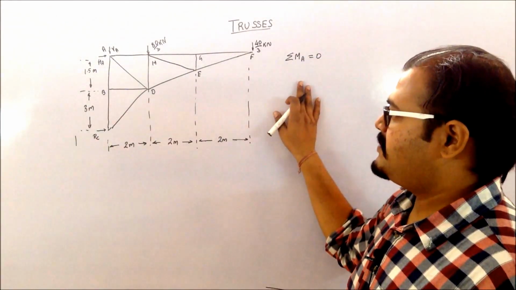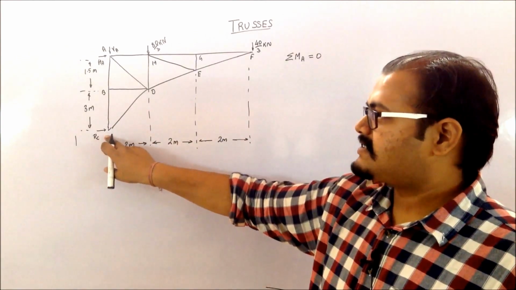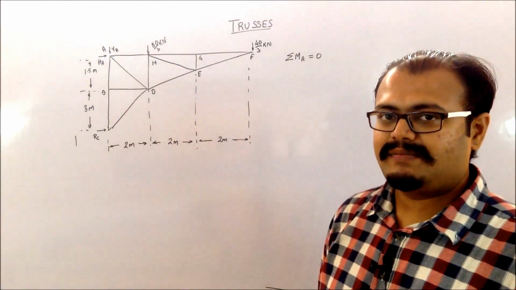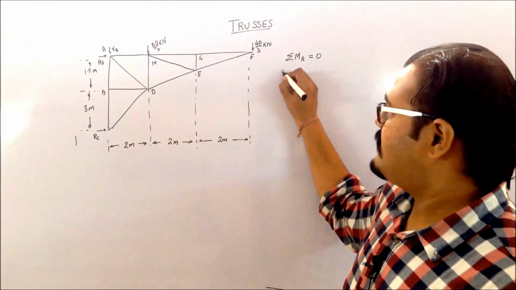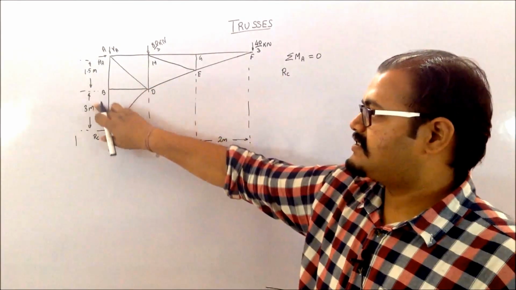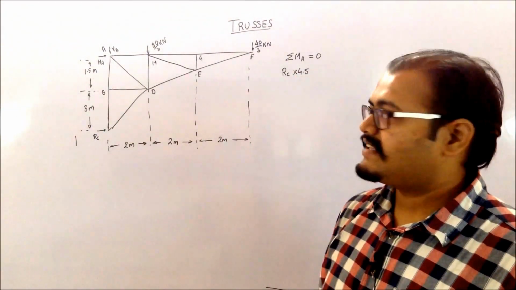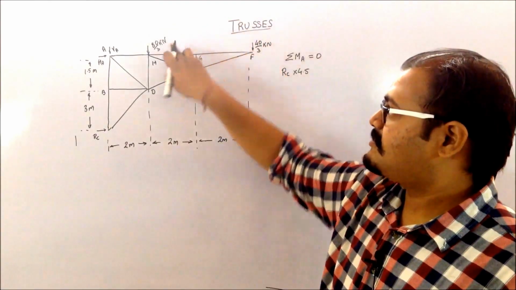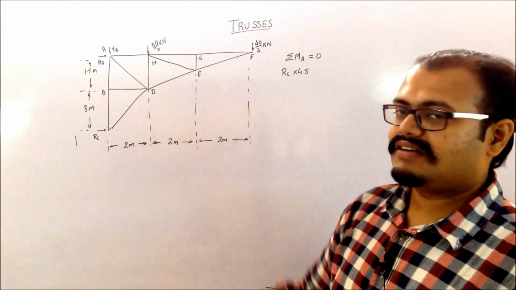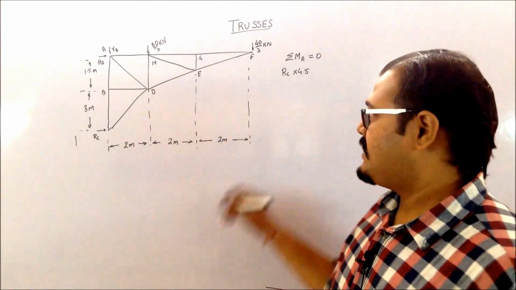My summation MA will be given by, first of all, let us see what is because of RC. RC is going to move this truss in the anti-clockwise direction, so it will have a positive magnitude. So I will have a positive RC, the magnitude of the force, into the distance, which is 4.5. The next forces are these point forces. Both of them are moving it in the clockwise direction, so both will be negative.